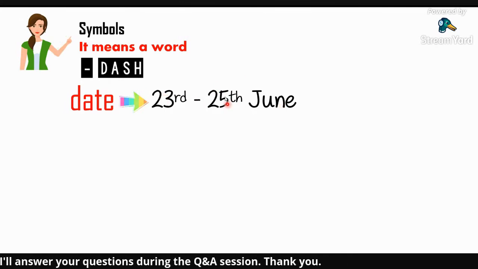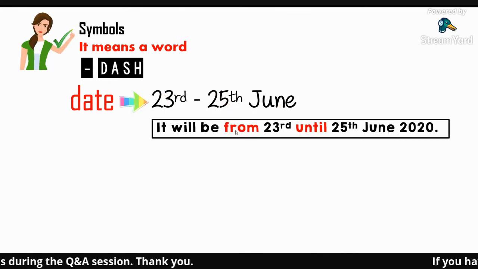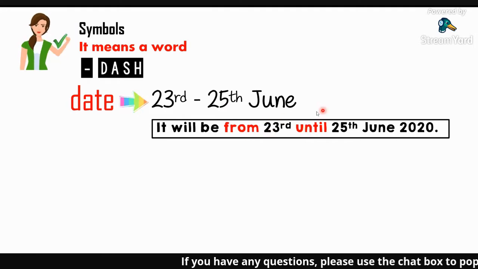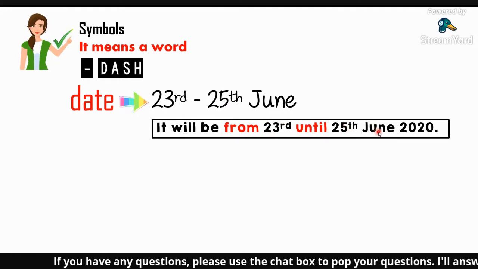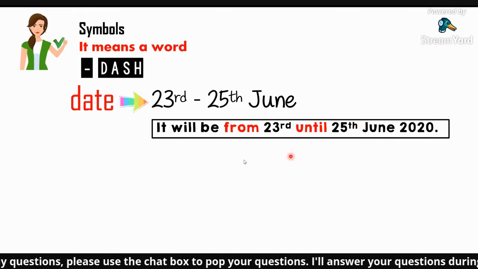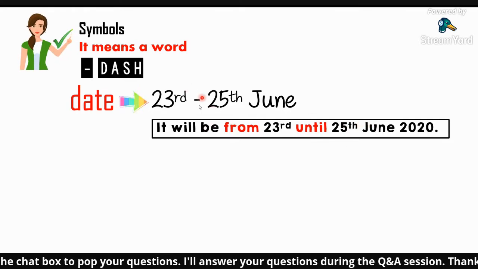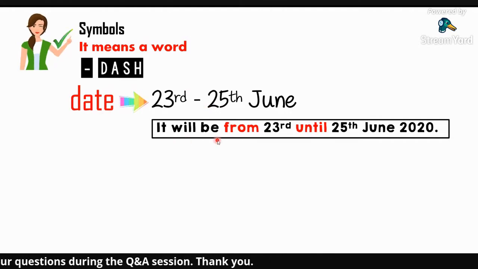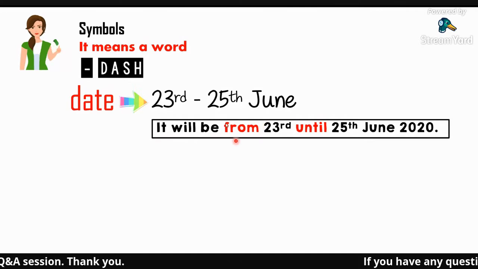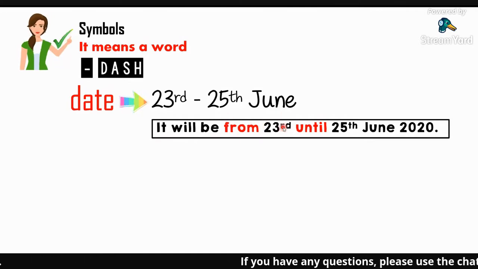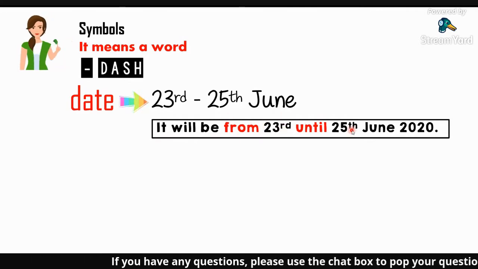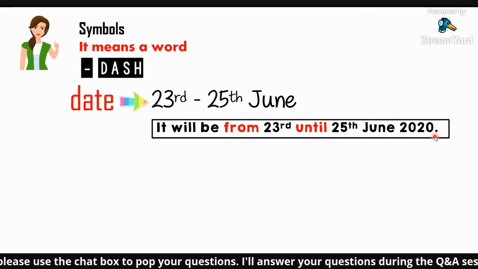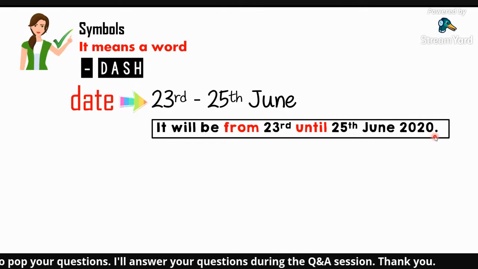It is trying to say the word "from 23rd until 25th June". Remember the dash when it comes to the date. You will always begin with the word "from": from 23rd until 25th June 2020. Did you get that?